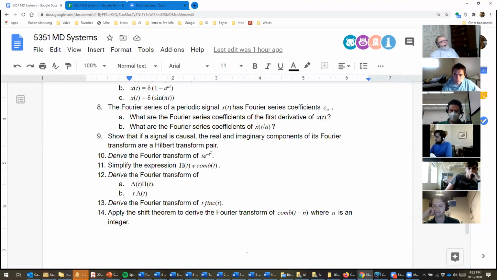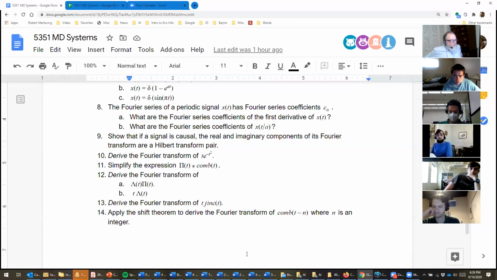Well, let's see. It's real and its real part is even, its imaginary part is odd. But this says if the signal is causal, you only have to know the real part of the transform. You can get the imaginary part by taking a Hilbert transform. So this is very interesting. If you want to know the spectrum and it's a causal signal, then all you need to do is compute the real part of the Fourier transform.